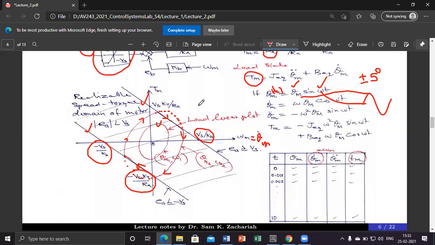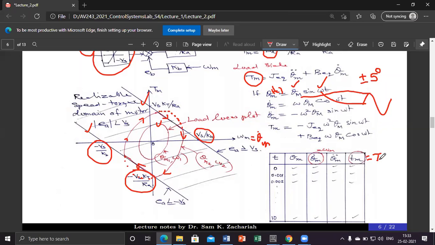That is nothing but the inverse dynamics of the load. The last column is torque, Tm, the same as capital Tm.